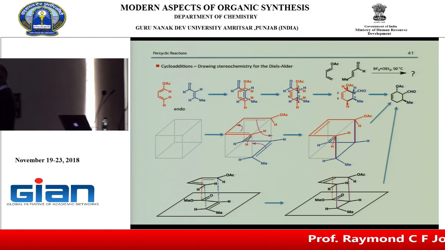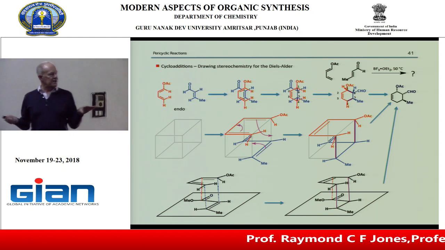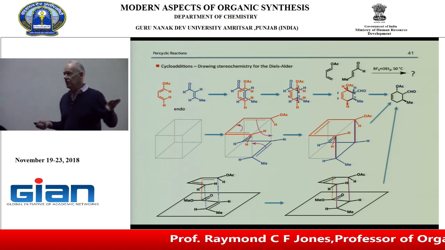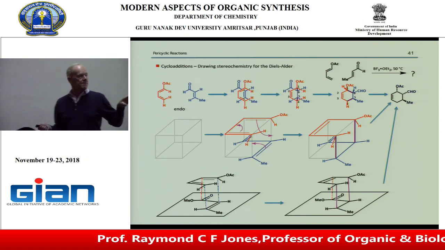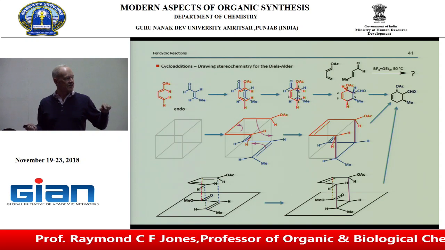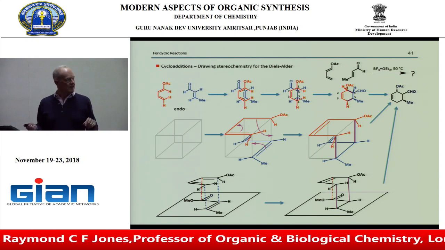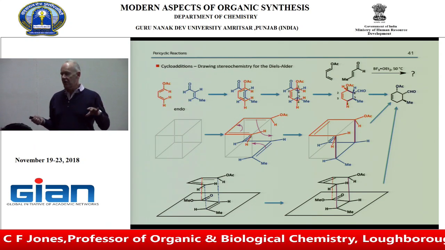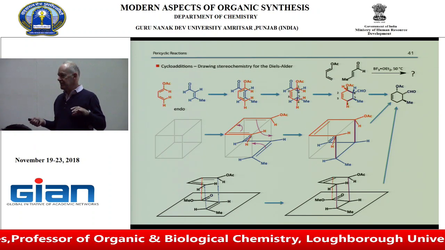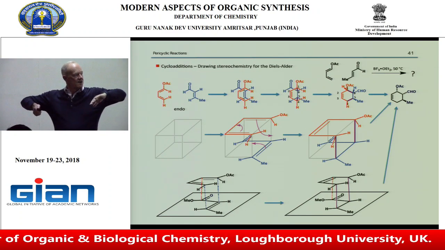The way to predict where things are going to be is just to draw them out like this. I like the box model because I think it's easier to construct and less likely to go wrong. And then you have to imagine opening it out.